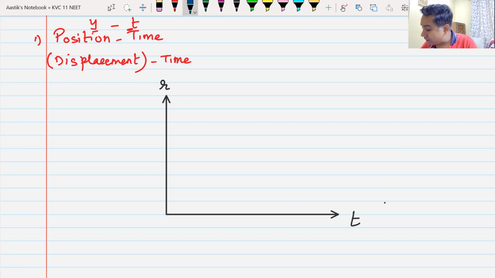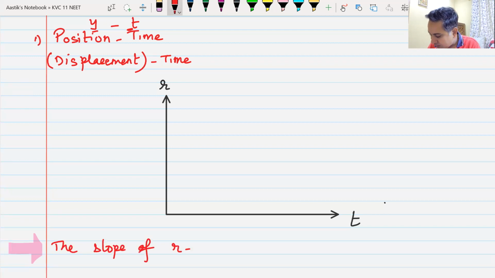Now whenever we understand this position time graph, there are certain points that you must remember. The first point that you got to remember about this position time graph is the slope of position time graph will give us the velocity of the particle.